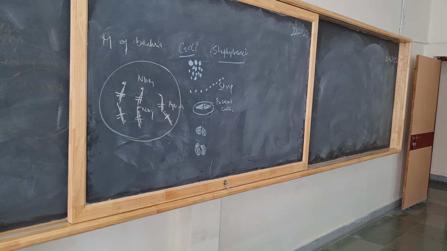Pneumococci is a diplococci, lancet shaped or flame shaped, broader ends facing each other, two cocci enclosed in a single capsule. Gonococci, kidney shaped and concave ends facing each other.